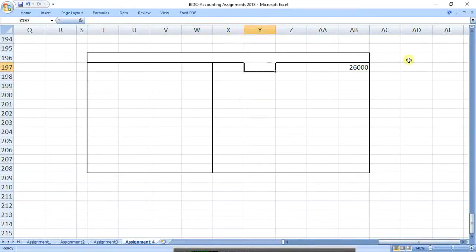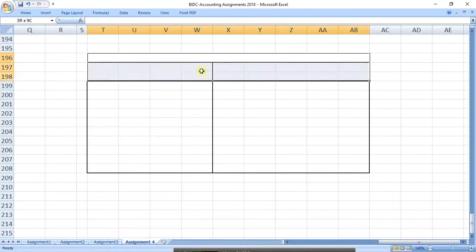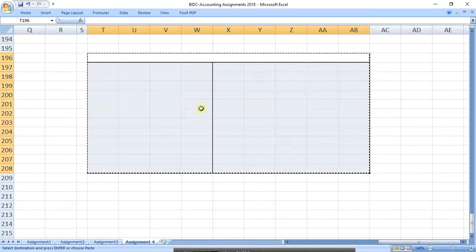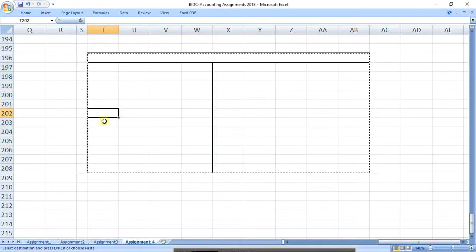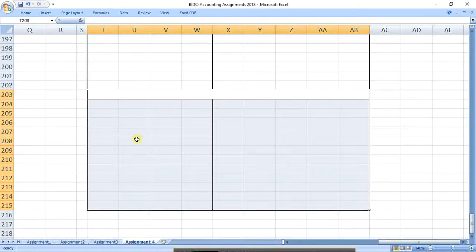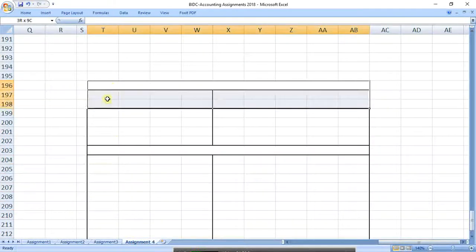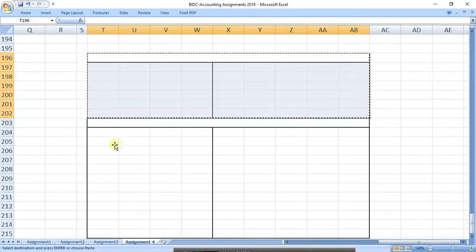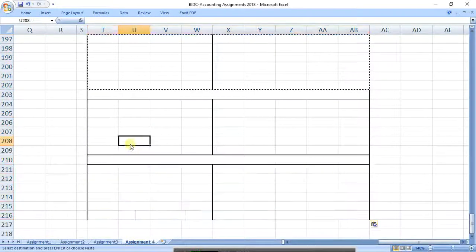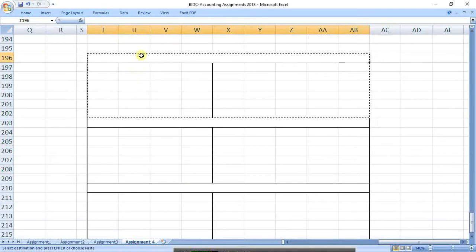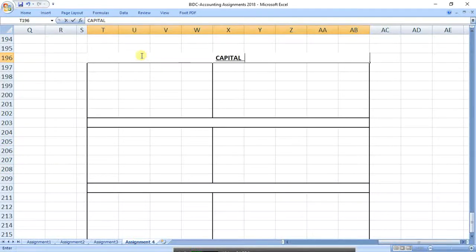in terms of understanding. Okay, so do you agree? We've got other accounts here. We've got capital and we've got bank. Okay, so capital, who are these partners again?